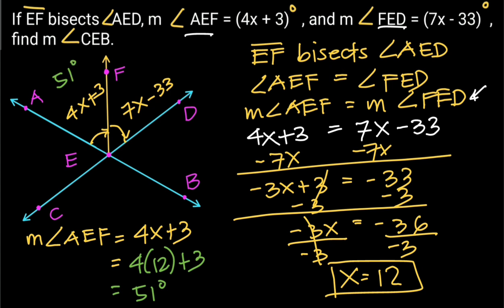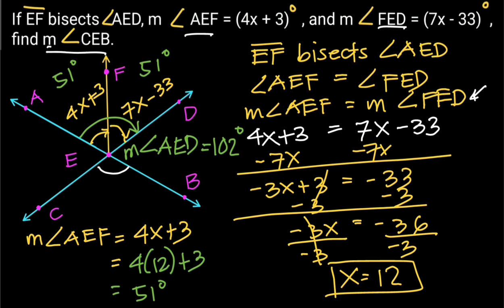And since EF bisects AED, angle AEF is just equal to angle FED. So this is also 51 degrees. So angle AED, the whole thing, the measure of that is just equal to 51 plus 51, which is just 102 degrees. But take note that we are asked to find the measure of CEB, this one.